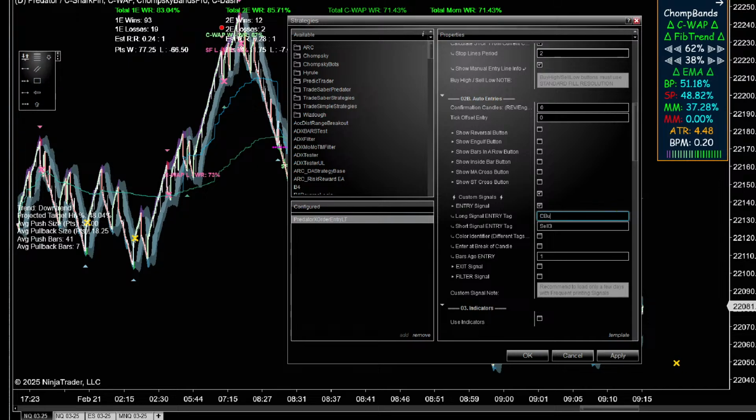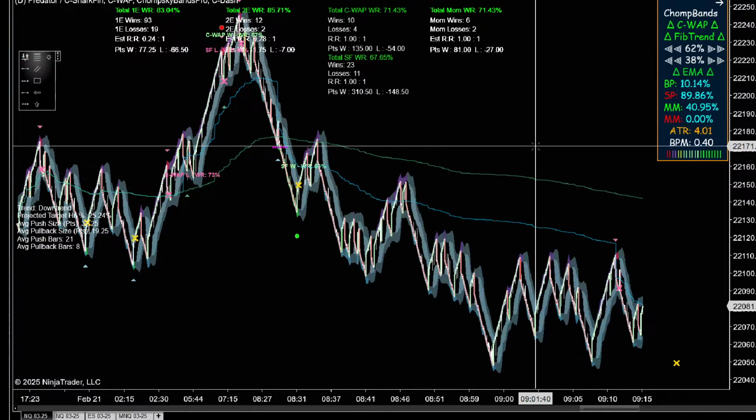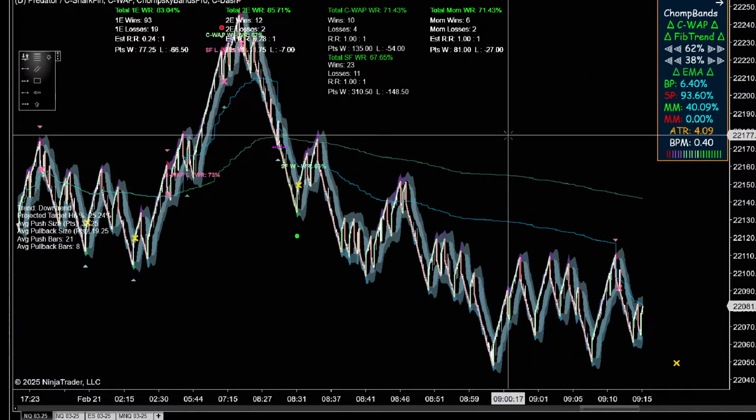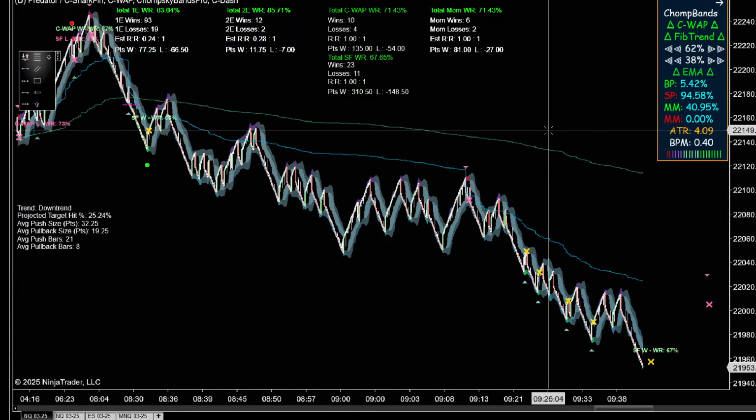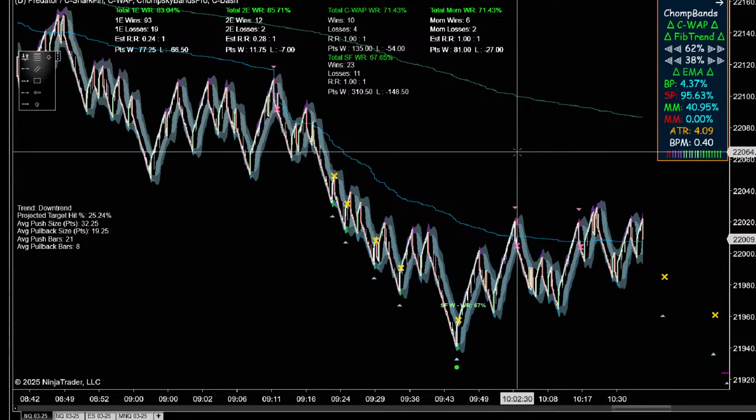I put C buy, and I spell it exactly how it's spelled inside of the indicator, and that'll take that signal for me. If I turn it on, I can put whatever I want as far as risk to reward, money management, trails, all that. I just put it in there, whatever I'm feeling the market is doing best at that time, and then it does it for me. I don't even look at it. I only check it a few times throughout the week and let it roll. So that's how I do it.